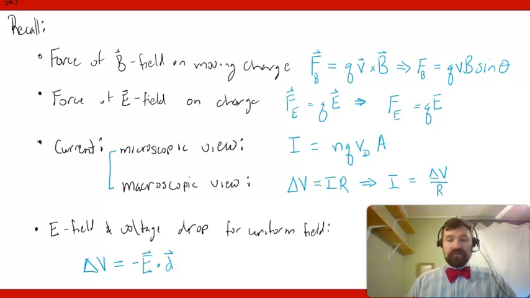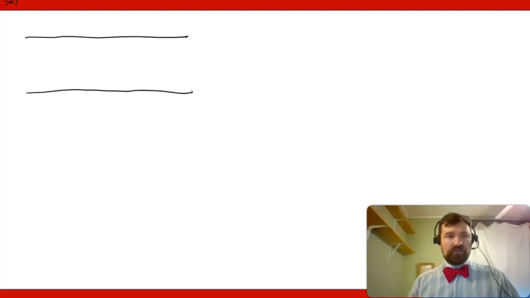Now, how do all these things play into the Hall effect? All right, suppose I have, let's say, a wire, and maybe the wire is oriented left to right like this. And suppose that in addition to this wire, I have locally a magnetic field.